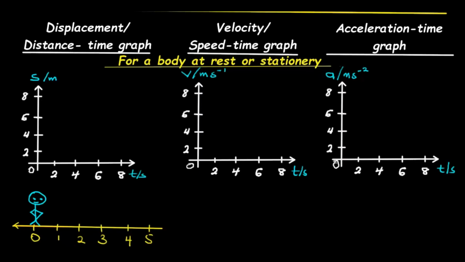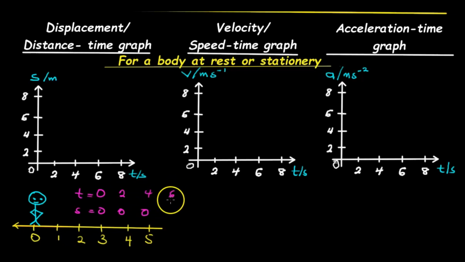Let's look at this gentleman down here. He is at rest, and anytime you try to describe his motion or her motion, you realize that at time equals 0, his displacement is also 0. At time equals 2, displacement was 0. At time equals 4, his displacement was 0.